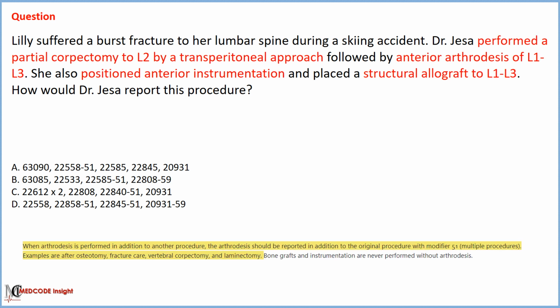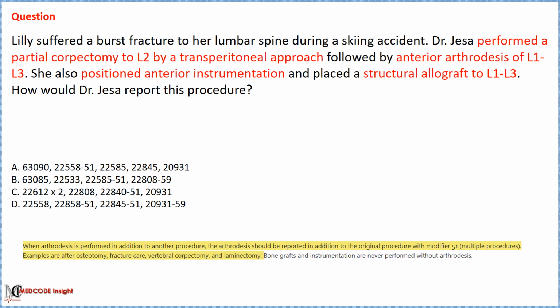In the given scenario, the procedure performed was a partial corpectomy at L2 via a transperitoneal approach followed by anterior orthodesis of L1 to L3. Anterior instrumentation was also positioned and a structure allograft was placed at L1 to L3.